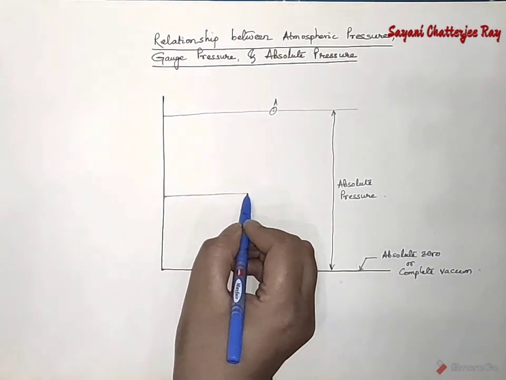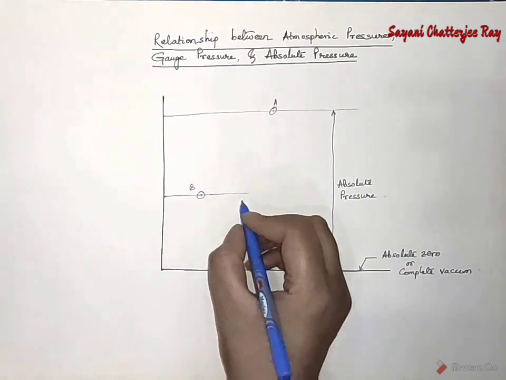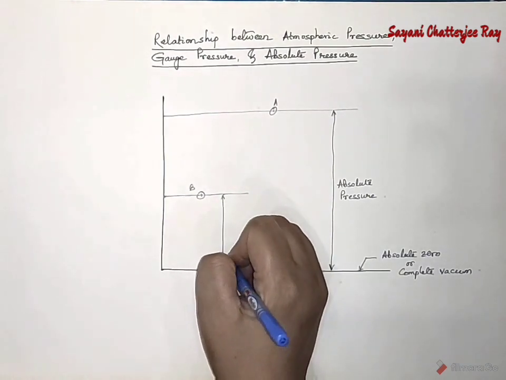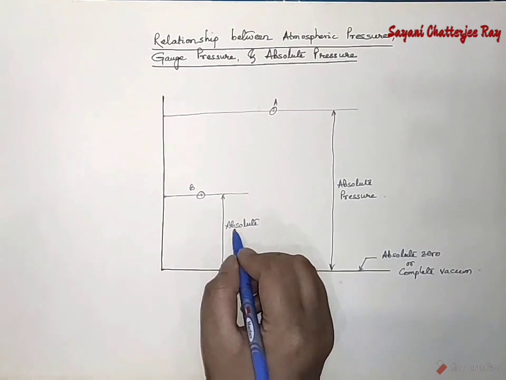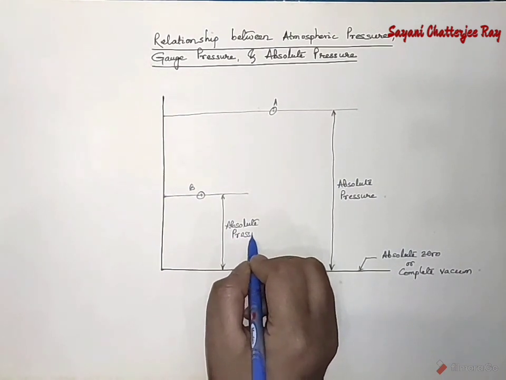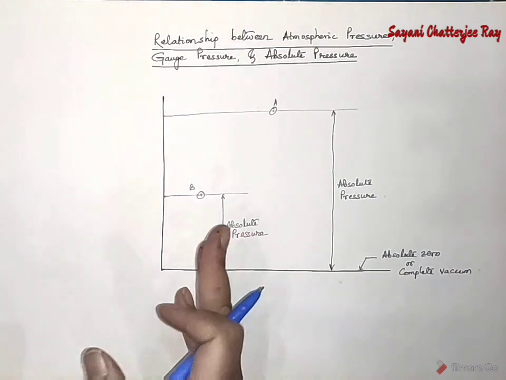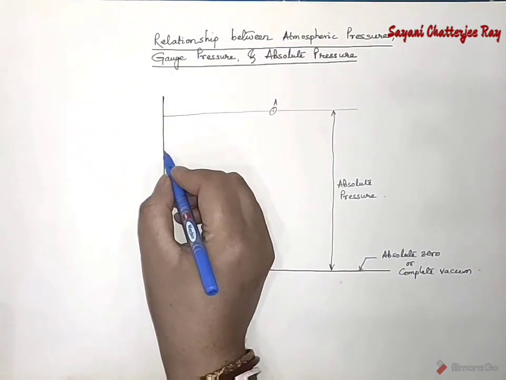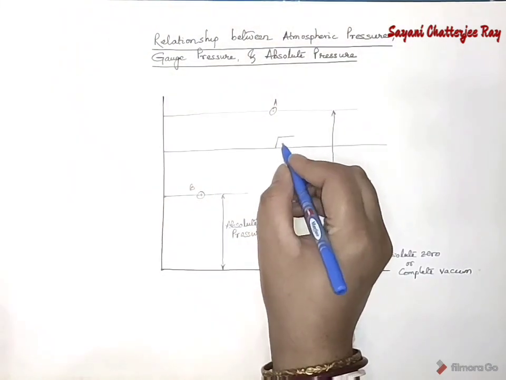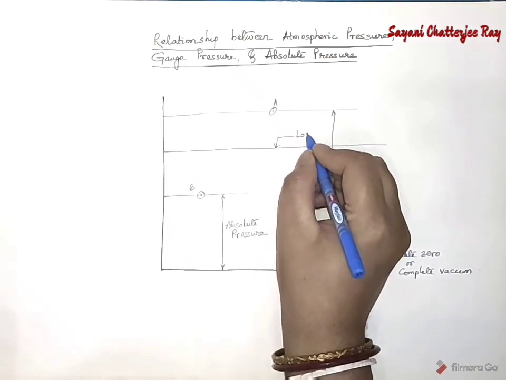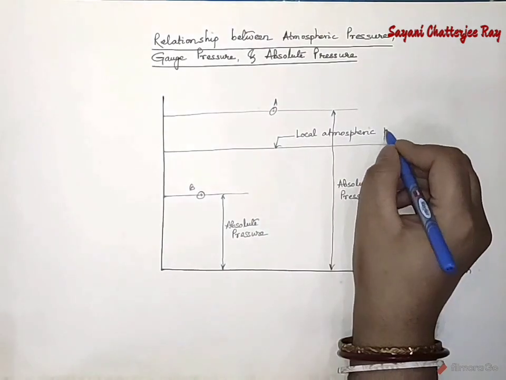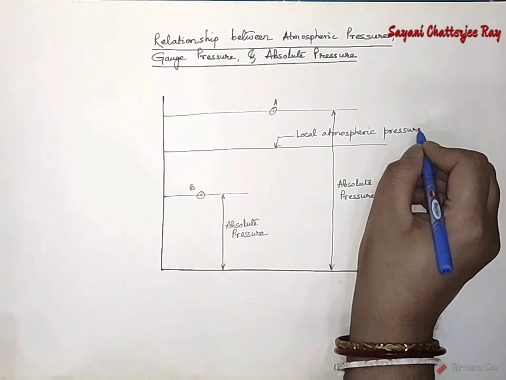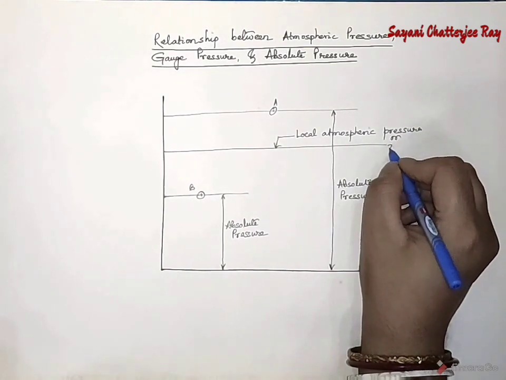This is B. This is also the absolute pressure. Now I will be marking the local atmospheric or zero gauge pressure. So this is the local atmospheric pressure or the zero gauge pressure.